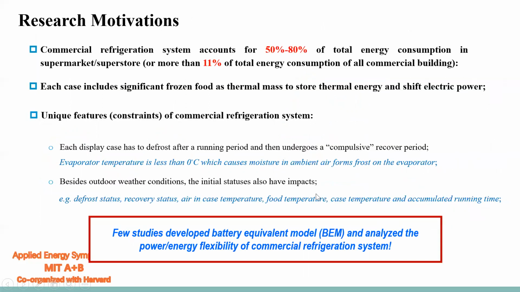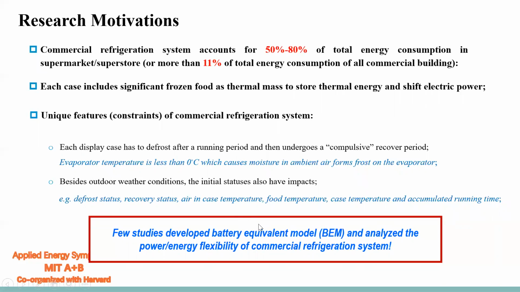Research motivation. In the US, the commercial refrigeration system accounts for more than half of total energy consumption in supermarkets and superstores. And there is a significant amount of thermal mass in the frozen food to store and shift thermal energy.